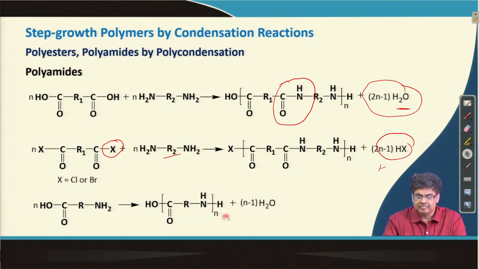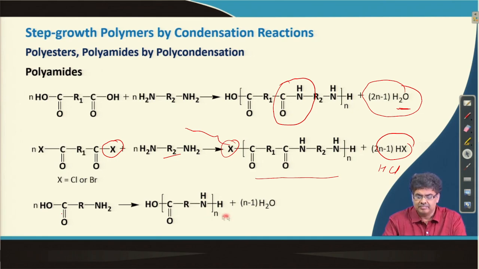It might be HCl, HBr like that. So here you are getting different byproducts. Otherwise the polymer is almost the same, because the byproduct will be removed and the chain will grow. So the polymer is the same, but the byproducts change. It depends on your monomer.